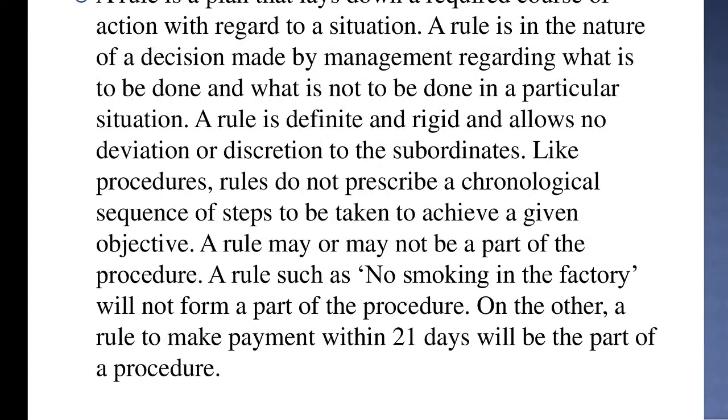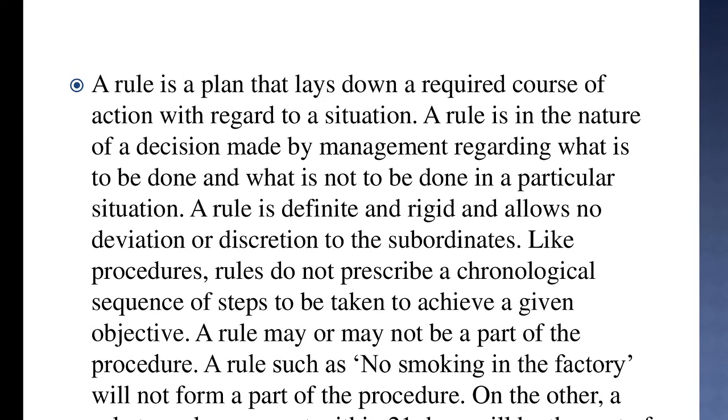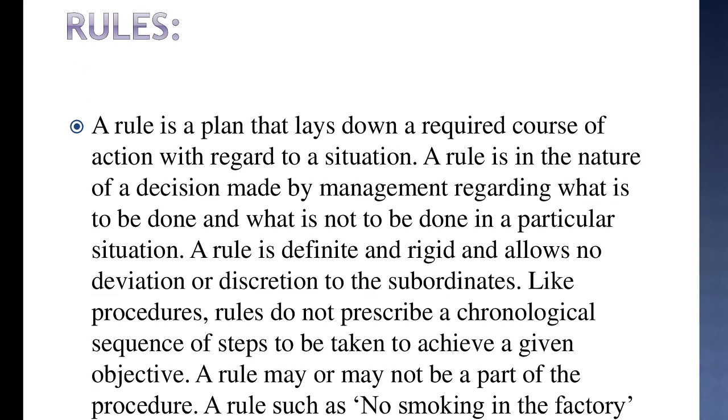And here, talking about the main thing, rules. A rule is a plan that lays down a required course of action with regard to a situation. So if there are some issues in the organization, there will be some rules to be implemented to take action.